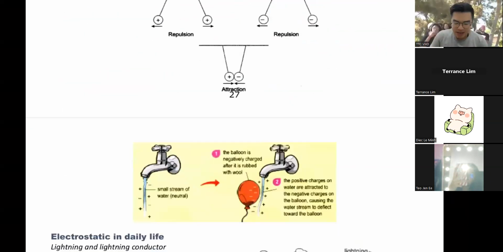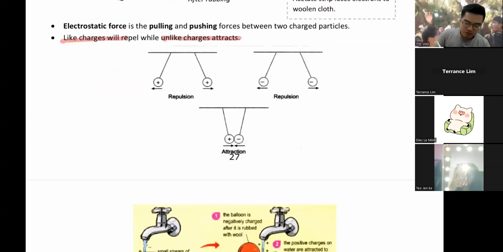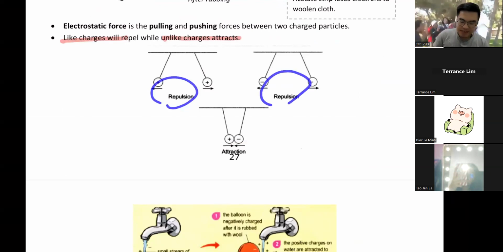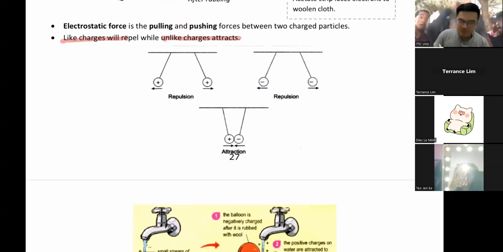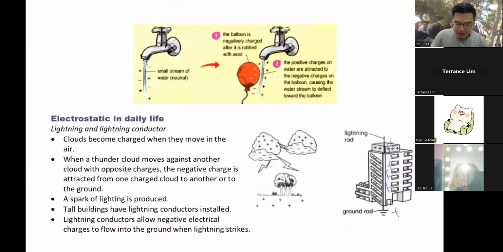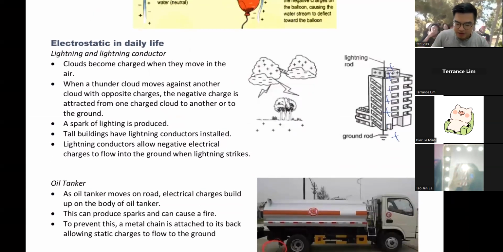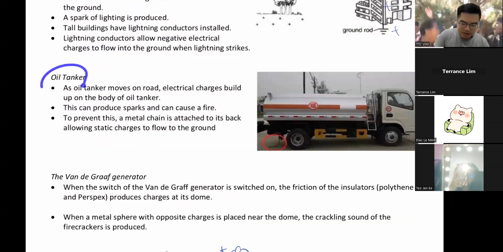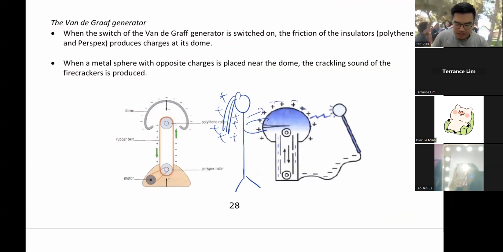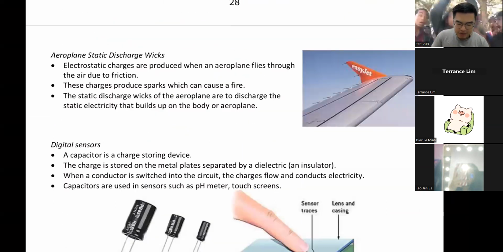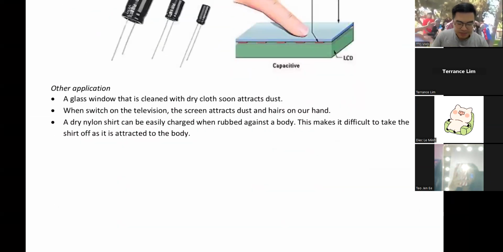I think I told you this: like charges repel and different charges attract. I mentioned this in daily life already. You have thunder, lightning rod, the oil tanker, the Van de Graaff generator, and the aeroplane discharge wicks in the sensor.